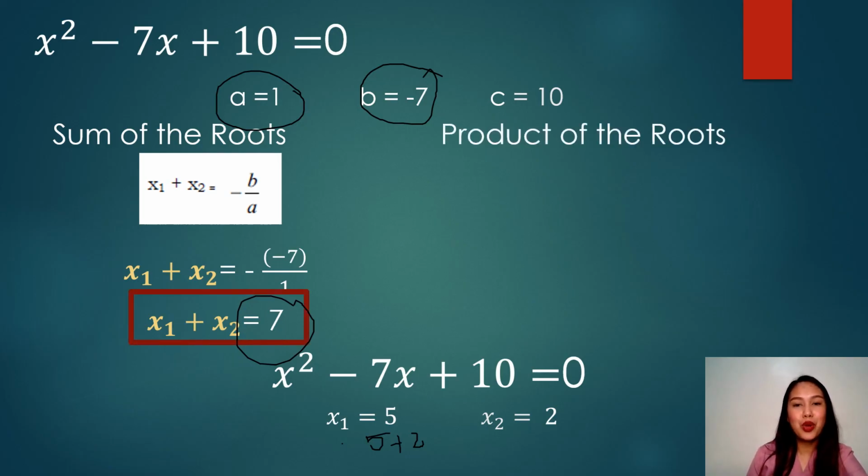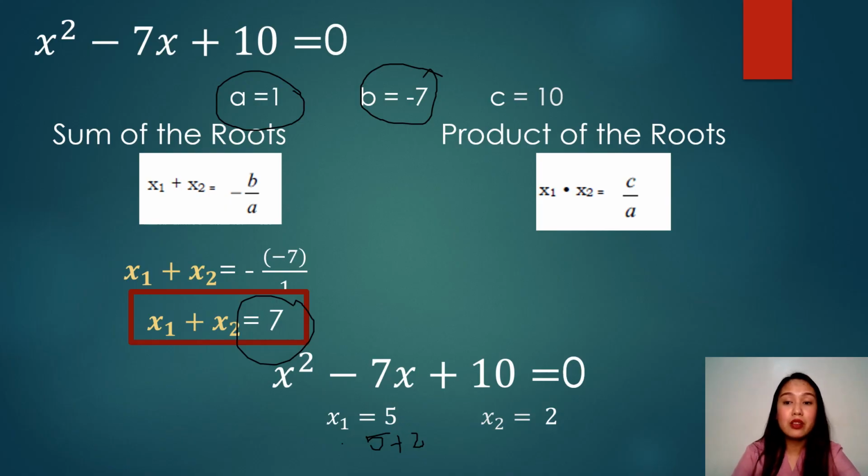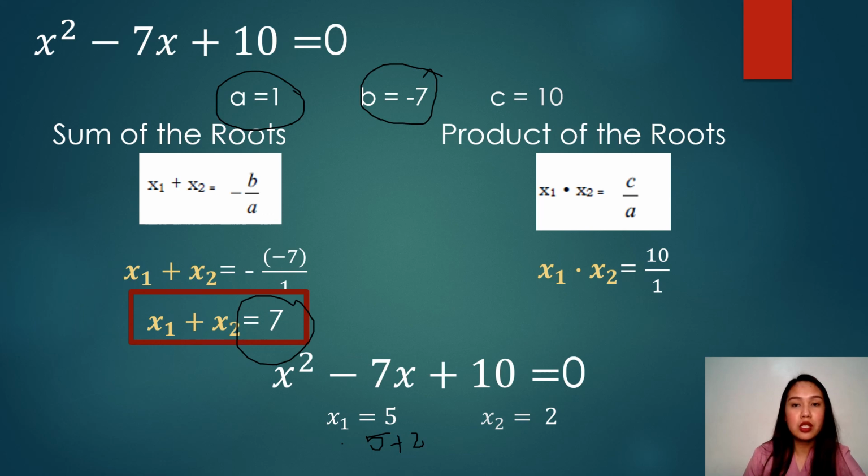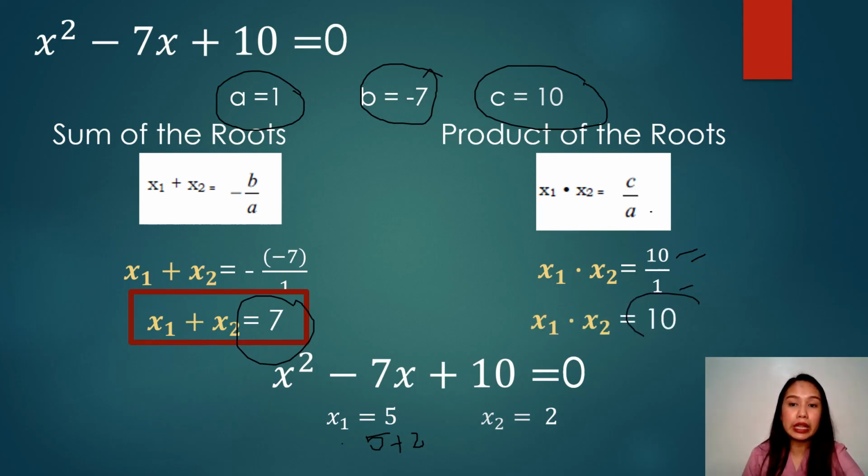While if we are going to find the product of the roots using the simplified formula c over a, substituting the values, c is equal to 10, that's why we have 10 here. a is equal to 1, that's why we have 1 here. And 10 over 1 is simply equal to 10.